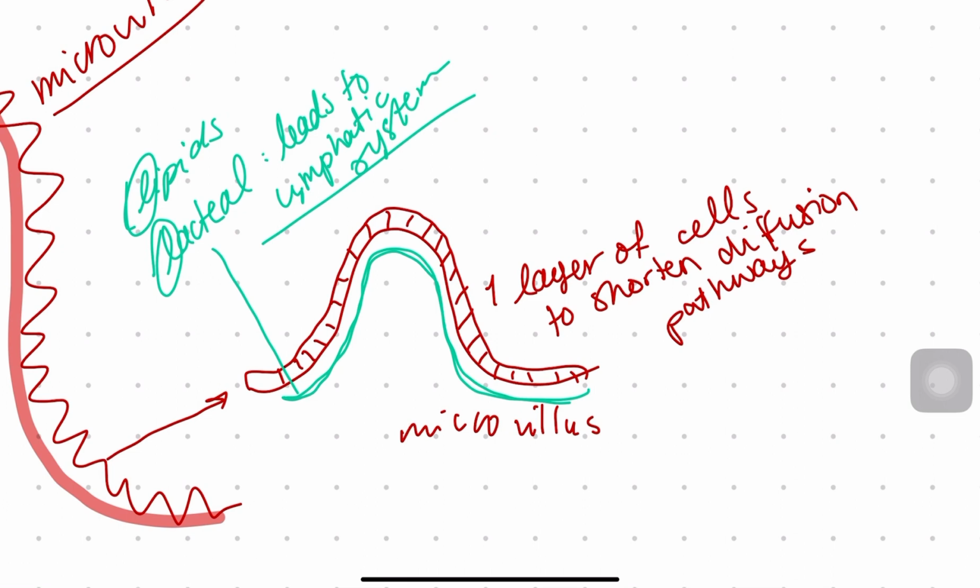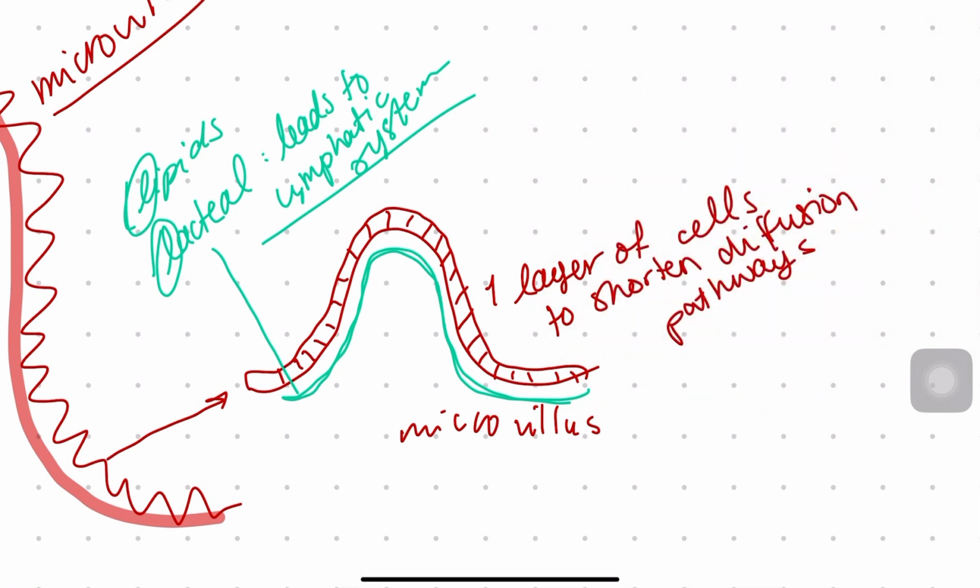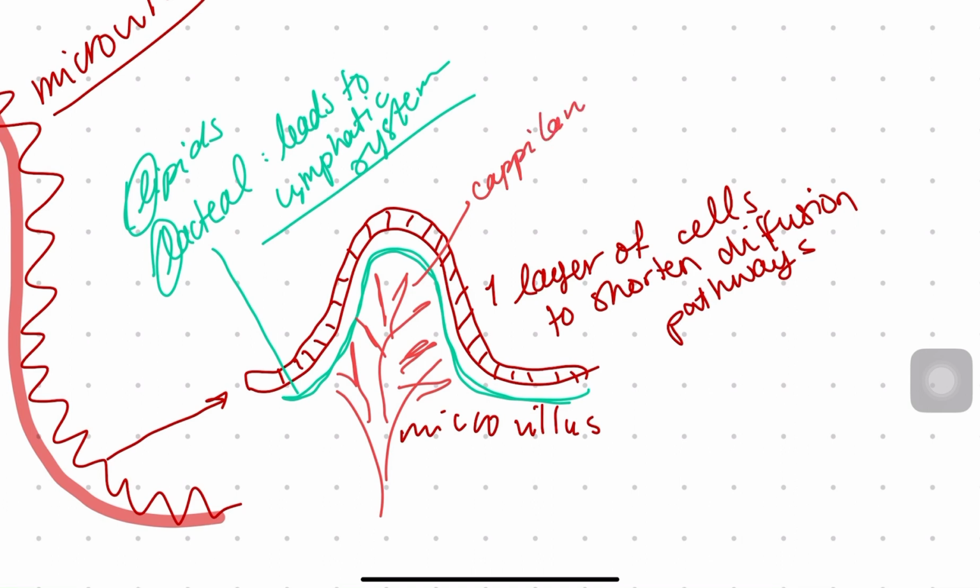And last of all, I already used red. Lastly, we're going to have our little capillaries. Capillaries are the smallest blood vessel, and their importance is that they're going to take the nutrients, the really small monomers.